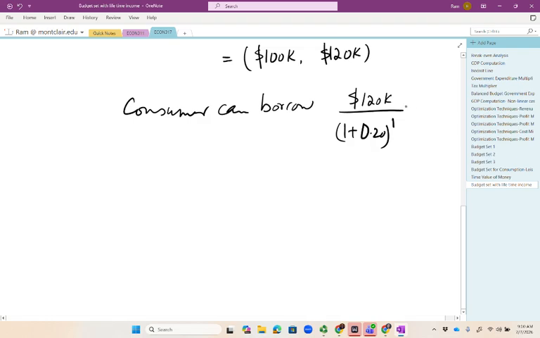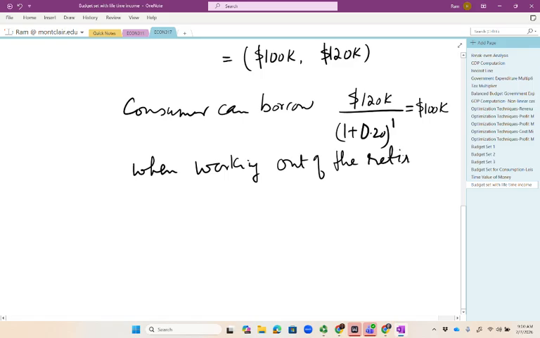And if you do the math, this will turn out to be 100K. So the consumer can borrow 100K when working out of the retirement income as repayment.